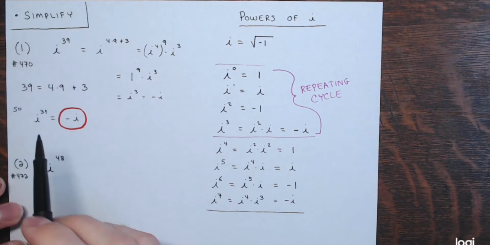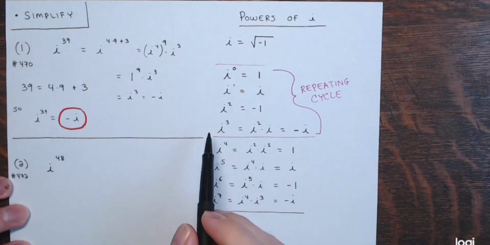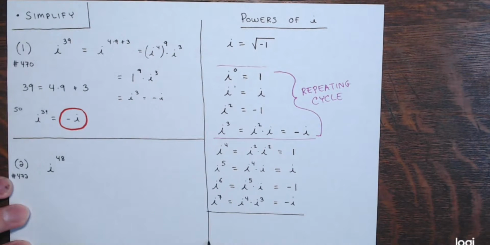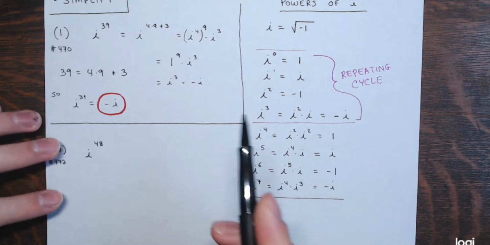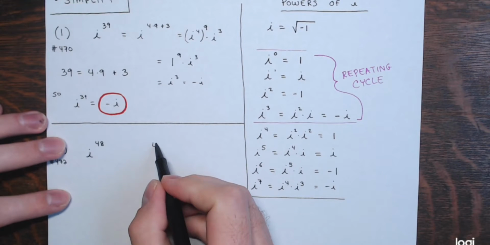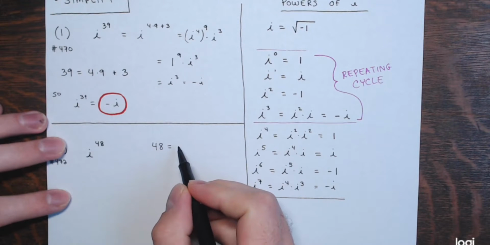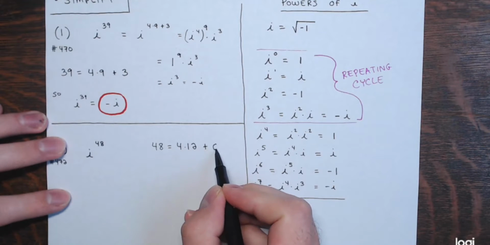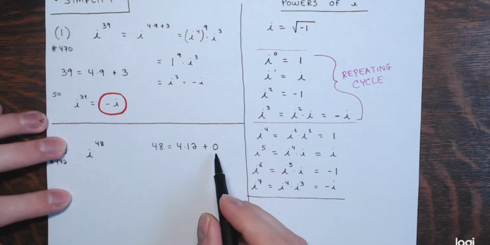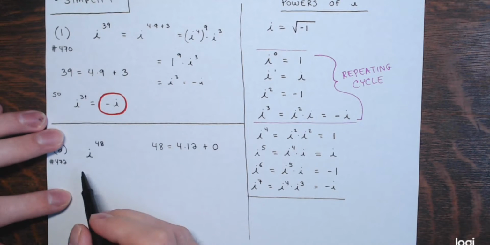Alright, so next question, doing the same stuff. So i to the 48th. Now 48 is a multiple of 4. It's 4 times 12 plus 0. The remainder is 0, and that's the key.